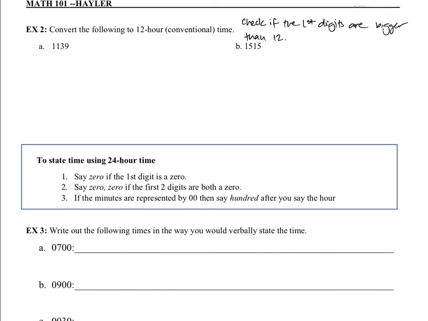That sort of tells us the time. If they're smaller than 12, we know that this is the AM hours. So less than 12 are the AM hours. If they're greater than 12, those are going to be the PM hours. And if they're greater than 12, what you're going to do is take the big number and subtract 12. But we'll get to that.